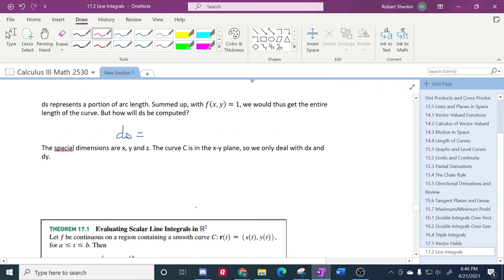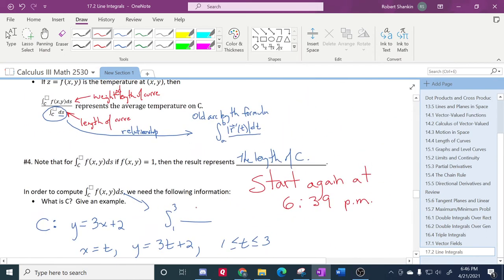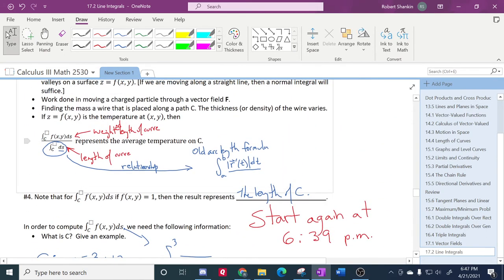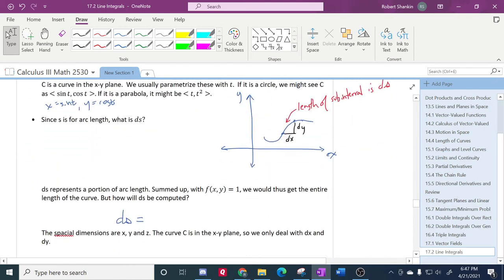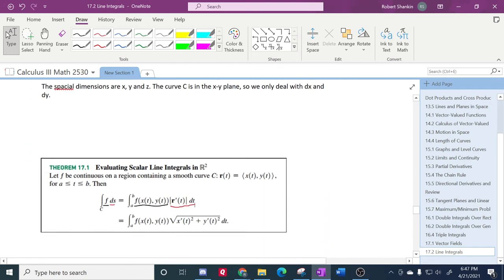Now this is what Sue was telling us earlier. Length of curve. The old formula for arc length, you just integrated the magnitude of r prime of t dt. That's what we wind up seeing over here. And what is this r prime of t dt?